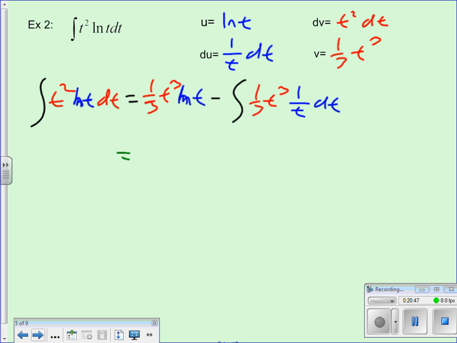So this equals 1/3 t cubed natural log of t minus the integral of 1/3 t squared dt, because t cubed times 1/t is t squared.